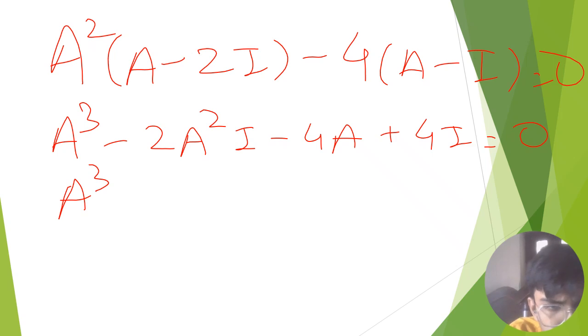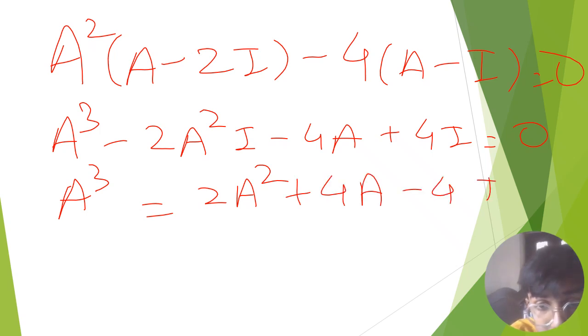So a cube, taking these values to the RHS, equals 2a square plus 4a minus 4I. Now this is a cube. We have to find a power 5 as per the question. How can we do this? Very easily. Just see.